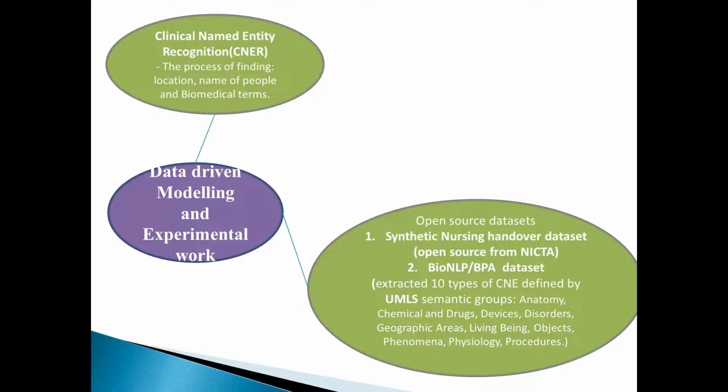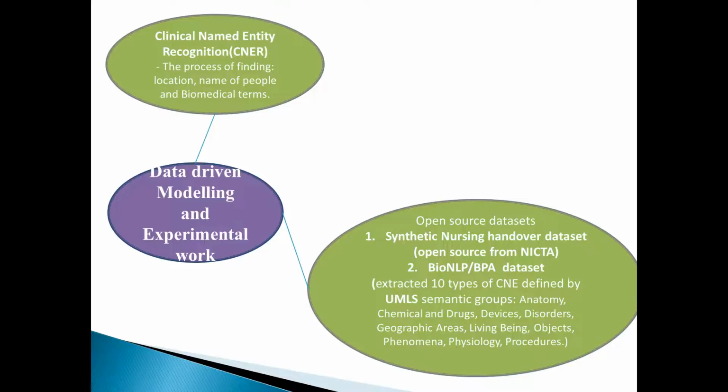We use different types of data sets, and we are still working on several other aspects of this work. One of them is a synthetic nursing handover data set, an open source data set available from our collaborator, the NICTA Machine Learning Laboratory, and then several other open source data sets which contain text notes.